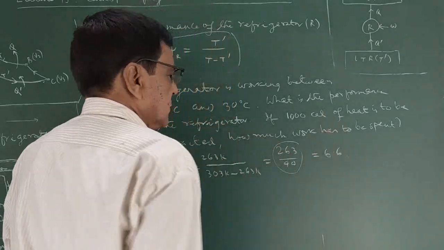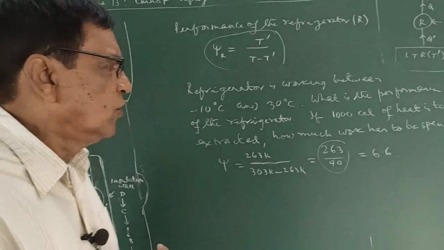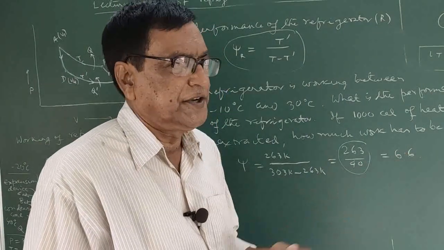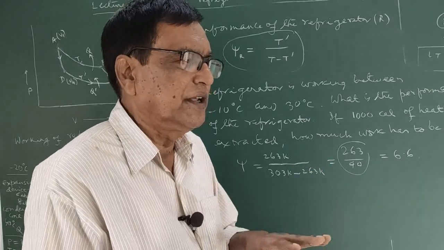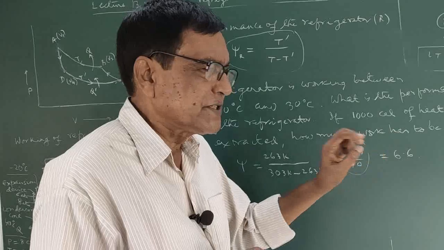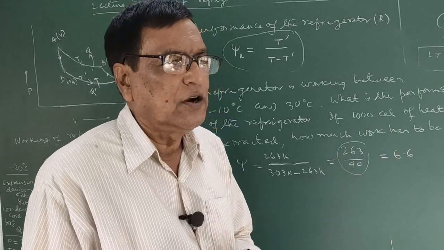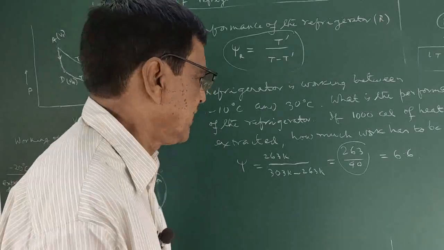Or you can say 6.6, suppose. What does it mean? If we spend 1 calorie of heat, or give this 1 calorie of heat to this refrigerator, it will extract 6.6 calories of heat from inside this refrigerator.